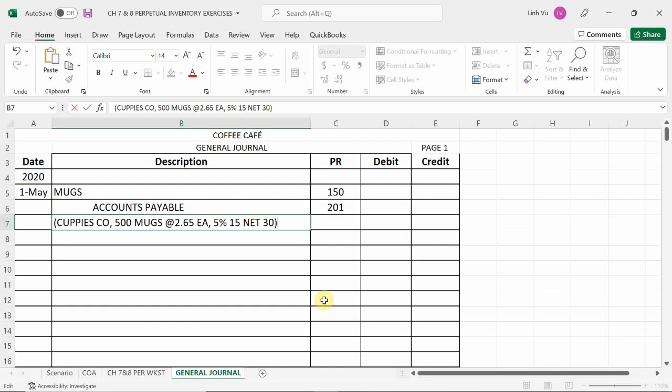So if we purchase this on May 1st, in 15 days, May 16 is our last cutoff date to be able to take the discount.